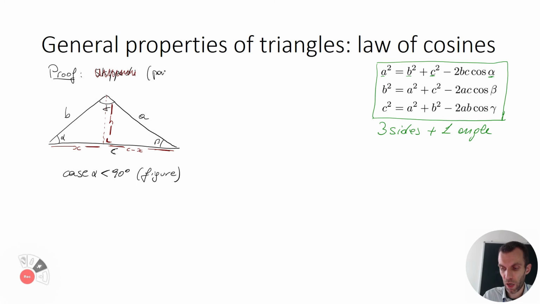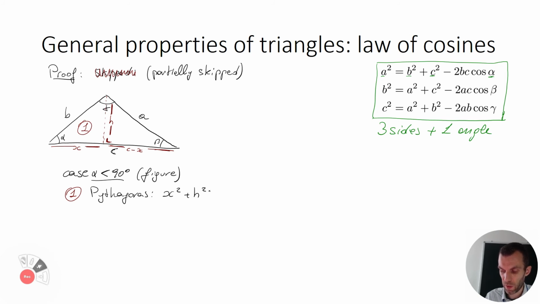So here I will partially skip it. With what I've drawn on the figure, let's call this triangle 1 here. If I look in triangle 1, what do I know? Well, first of all, Pythagoras tells me that x squared plus h squared is equal to b squared.